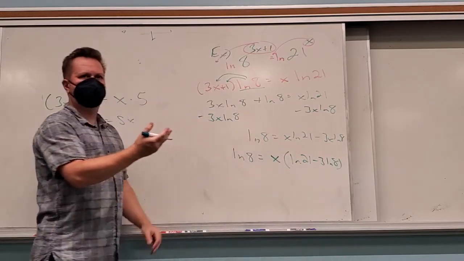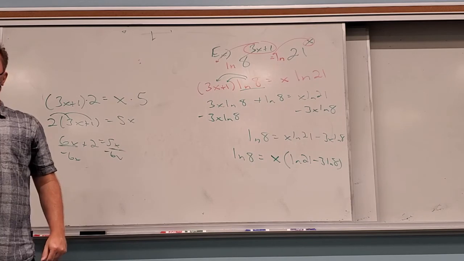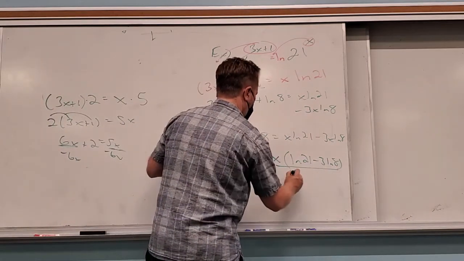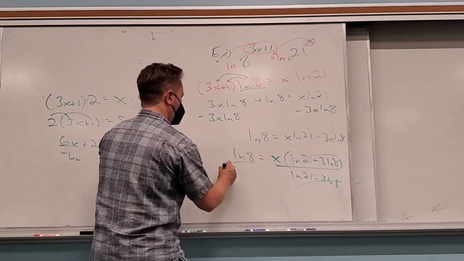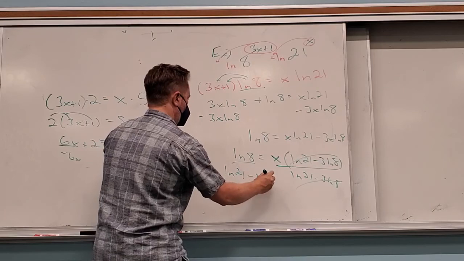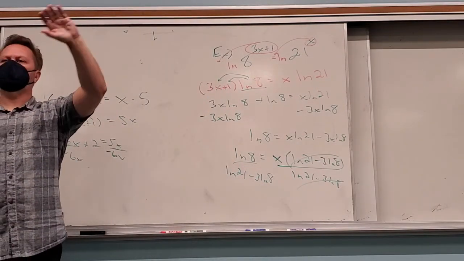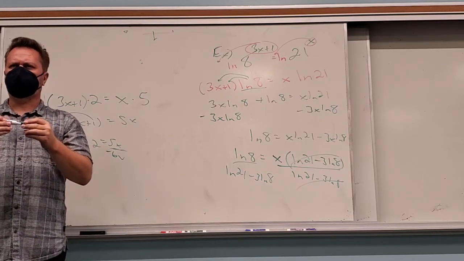And then of course, to get x by itself, what would I do? Divide by the stuff I don't want. Right? Cool. And then this would be the exact answer. And then you can throw it in the calculator to get an approximate answer, some rounded decimal.